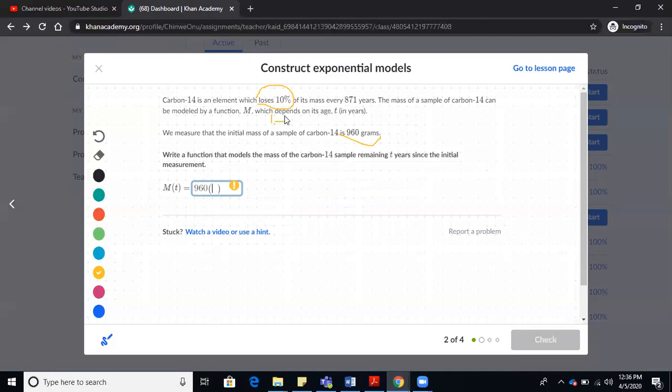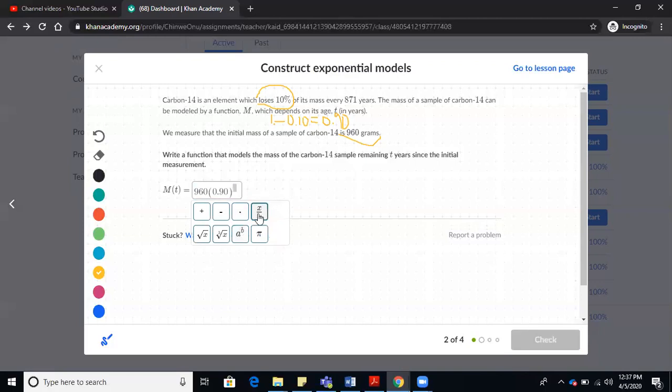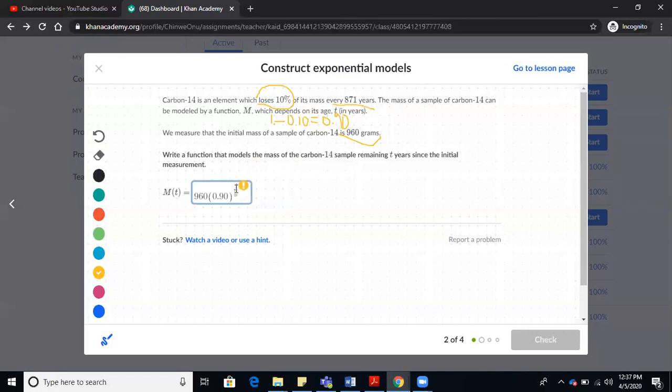So I'm gonna do 1 minus 0.10, which will give me 0.90, okay? And I'm gonna raise that, click on that, raise that to t over, my interval is every 871 years. So down here on the bottom, I'll put 871. And that's it. And I can click check.